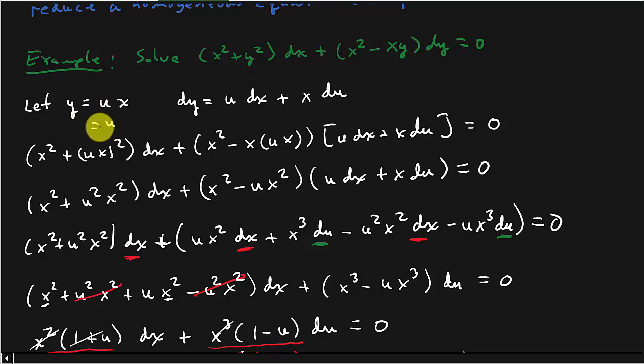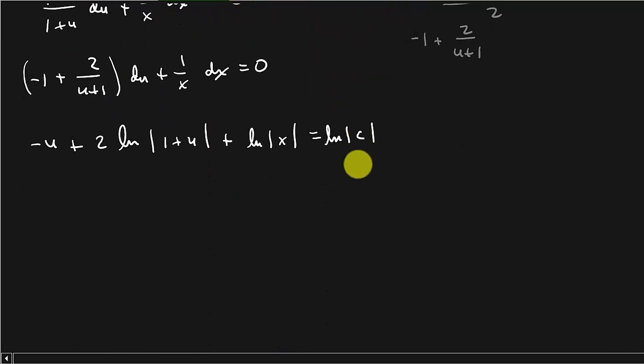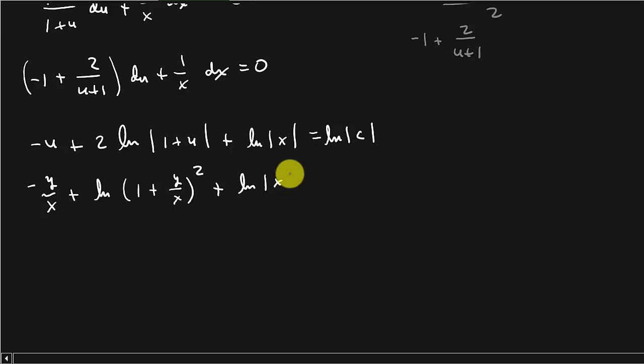So u is equal to y over x. And so I've got negative y over x plus, for this one, natural log of 1 plus y over x, in the place of u, and moving the 2 up, that's squared. Then plus natural log absolute value of x minus natural log c equals 0.